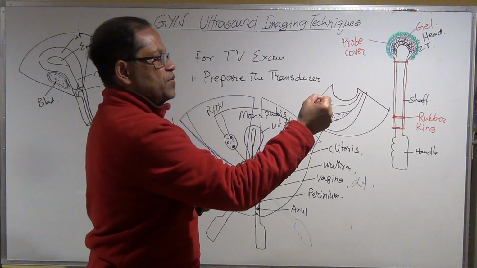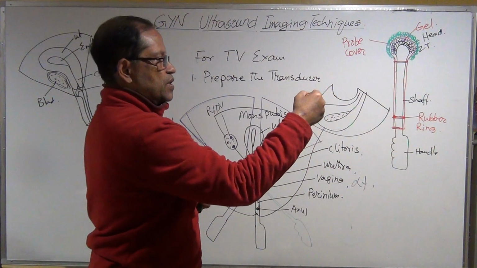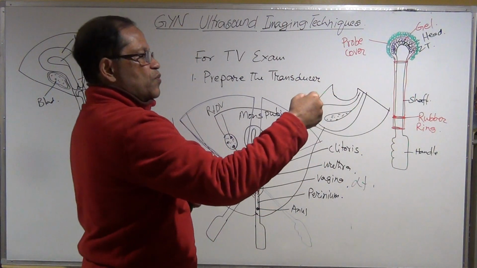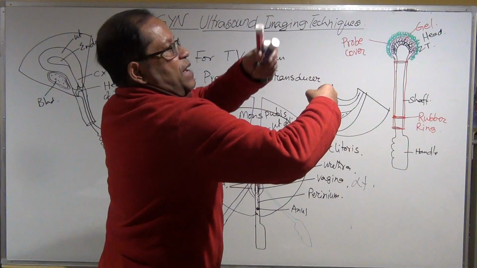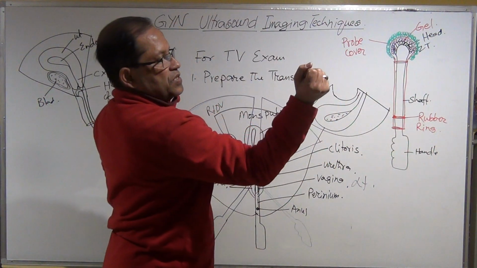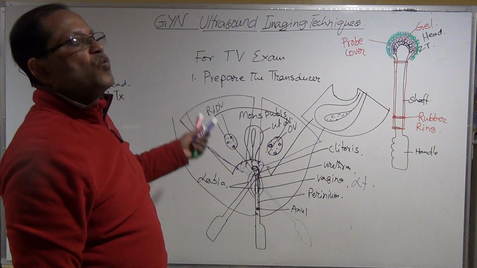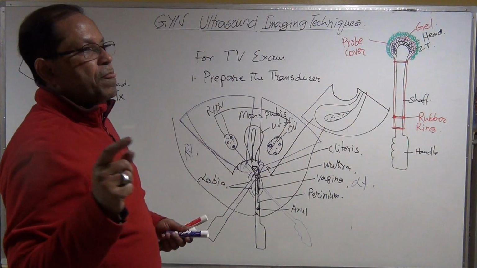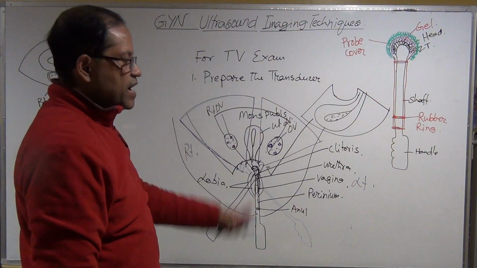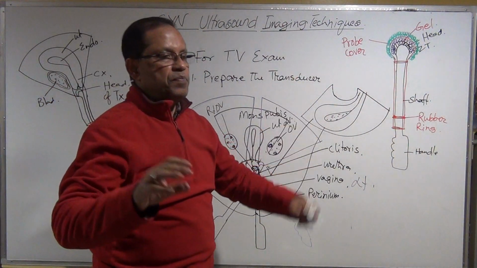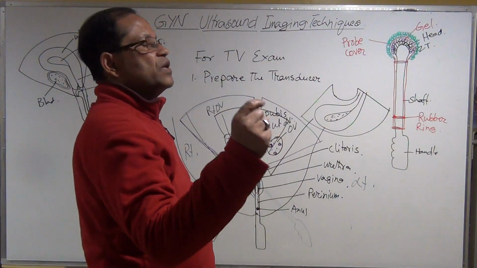And now in sagittal view, do like that. Then move to the right, move to the left. Move to the right, then the handle will be like this. Then move to the left, the handle will be like this. In that way you can see the uterus and ovaries very nicely. The ovary will pop up right away because you are very close to the ovary.